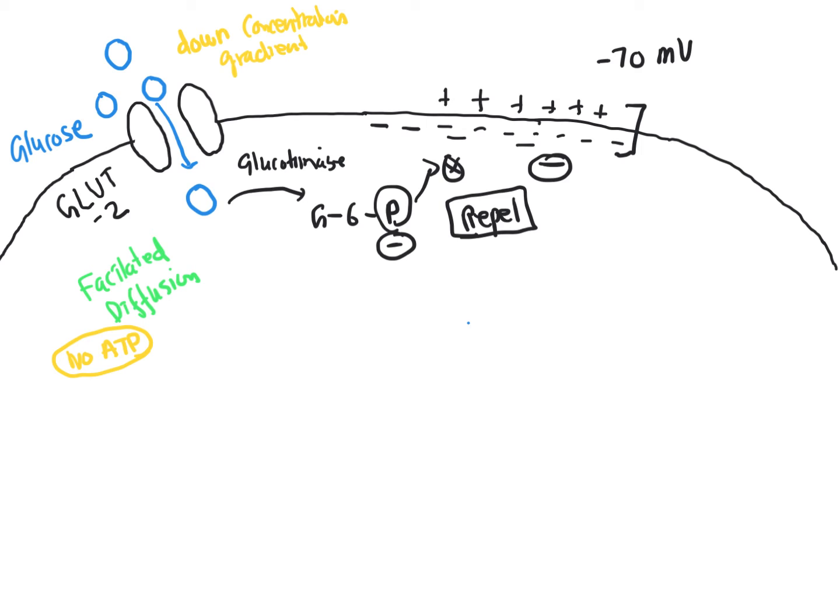Now, the glucose 6 phosphate, when it is inside the cell, undergoes glycolysis, and in the end it produces pyruvate, and pyruvate goes to the mitochondria and it produces ATP.